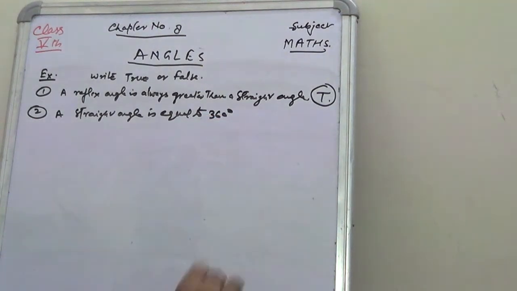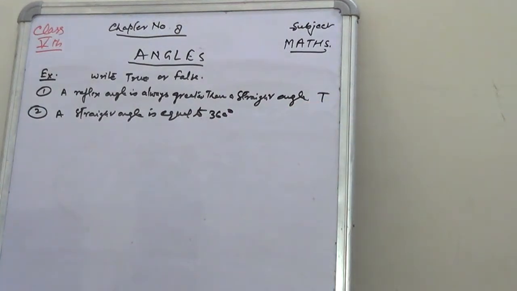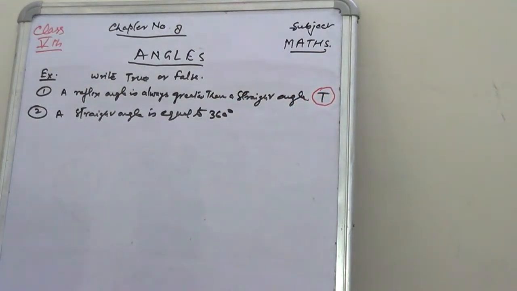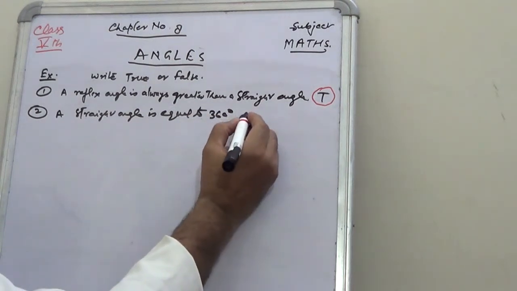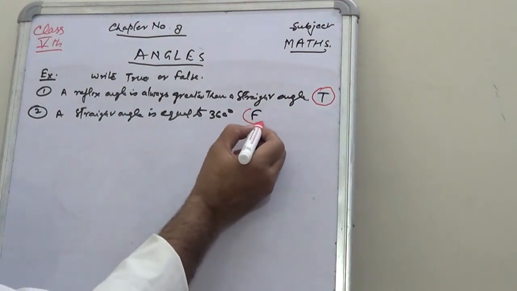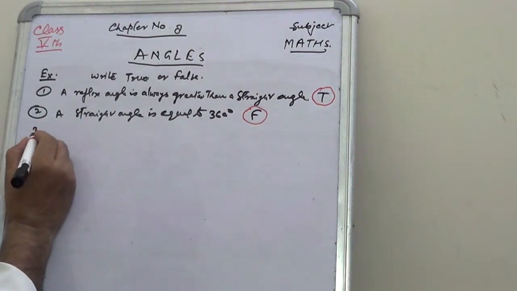So what is there in this problem, children? A straight angle is equal to what I told you in the definition. A straight angle is equal to 180 degree, not 360 degree. So this statement is false. Now we come to another example.